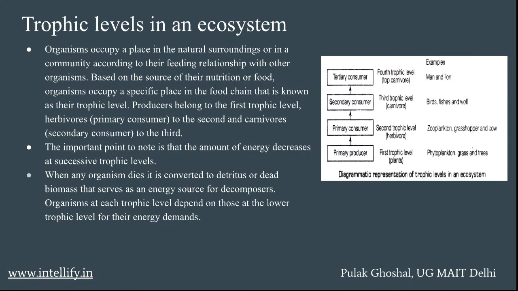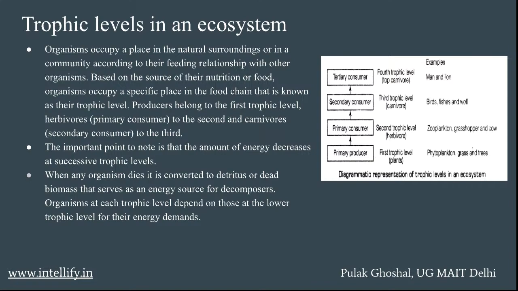As you can see in the diagram, at the topmost apex there is man and other carnivorous organisms, or there can be omnivorous organisms in any of these steps above and below. Then the third trophic level will have small carnivores like birds, fishes, wolf. The second trophic level has zooplankton, grasshopper, cow.